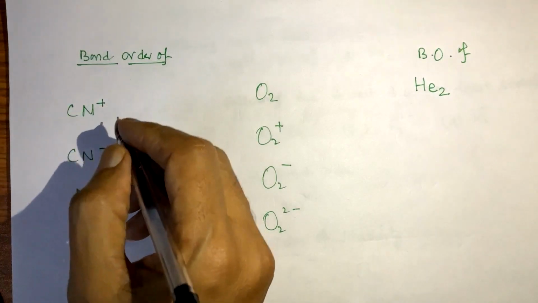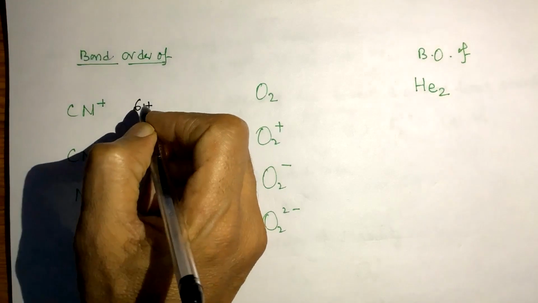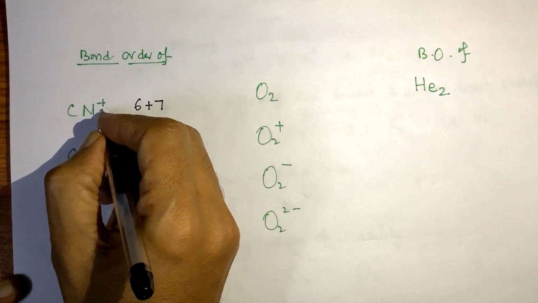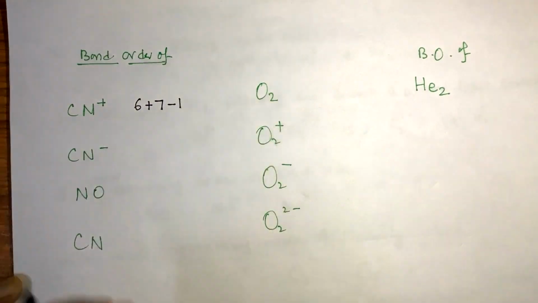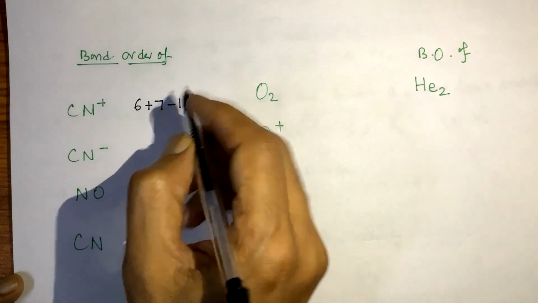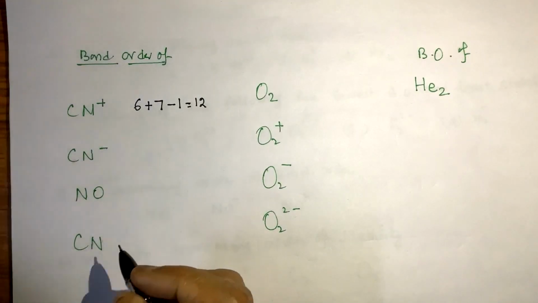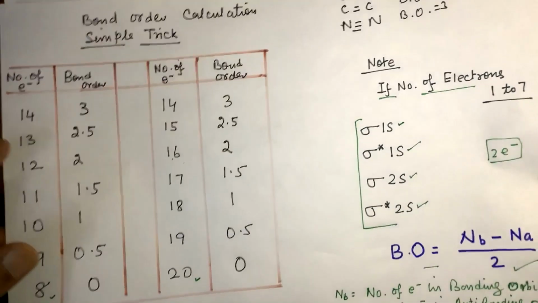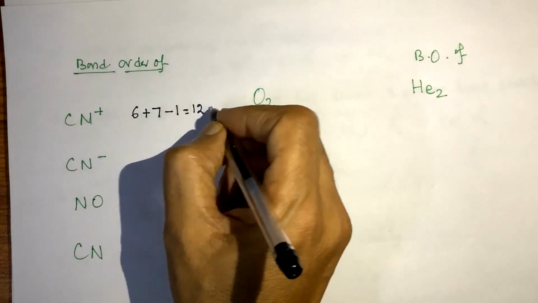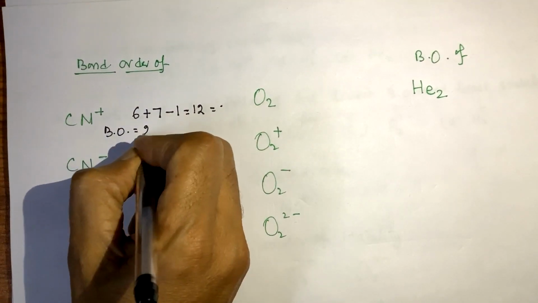C has 6 electrons plus N has 7, and for plus there is minus 1 electron, and this comes to be 6 plus 7, 13, minus 1, 12, and for 12 we have bond order. See, in this table we have bond order 2, so this bond order is equal to 2.